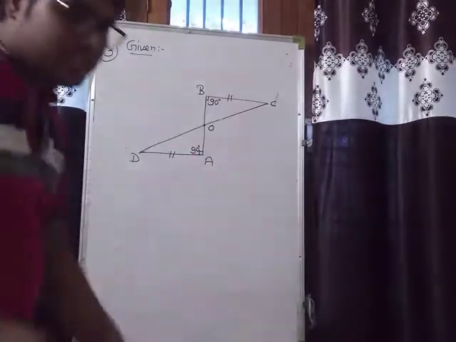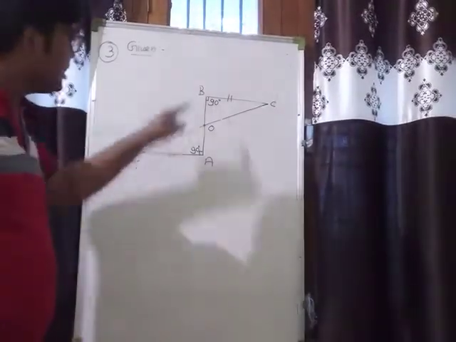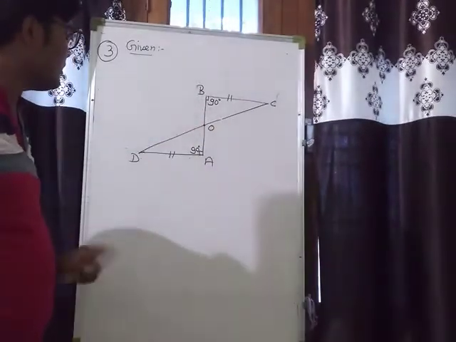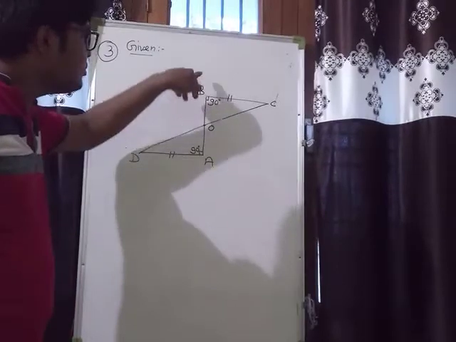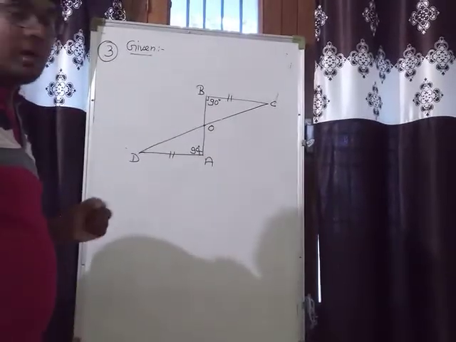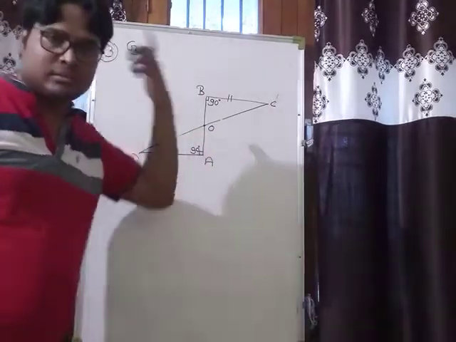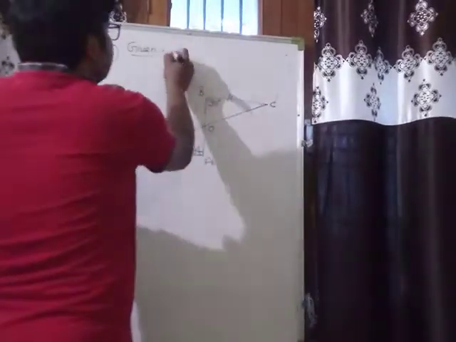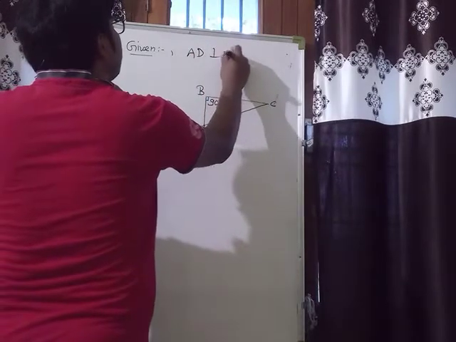In this question, it is given that this AB is a line segment, and this AD and BC are perpendicular on this line segment. Also, this AD and BC are equal in length. Means it is given that AD is perpendicular on AB.